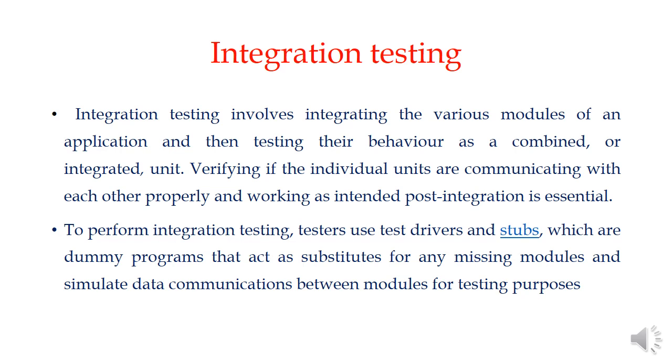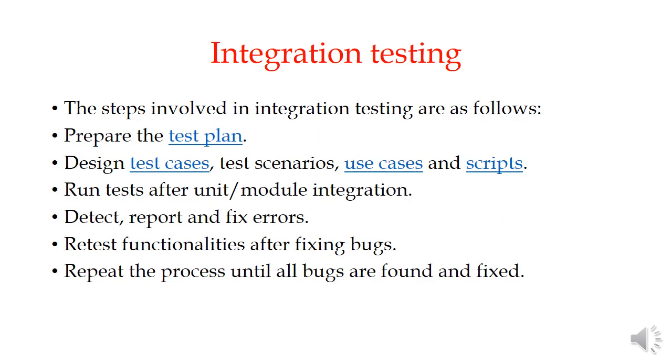Verifying that the individual units are communicating with each other properly and working as intended post integration is essential. To perform integration testing, they will use stubs, which are dummy programs that act as substitutes for any missing modules and simulate data communication between modules for testing purposes.